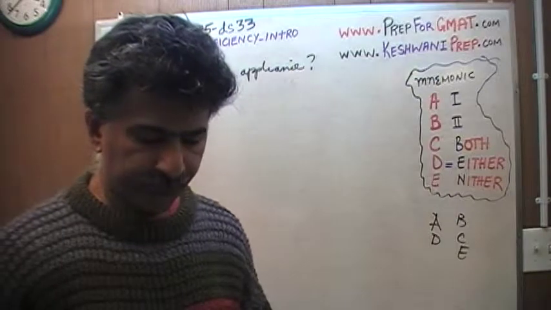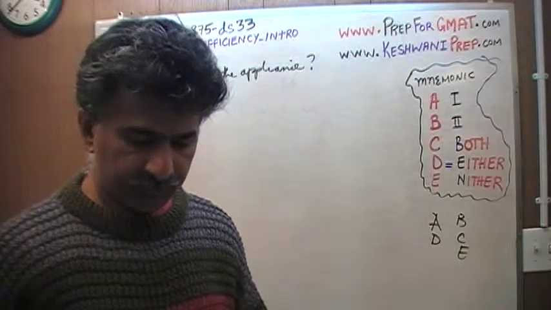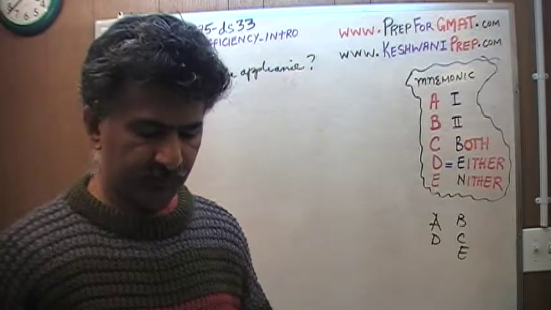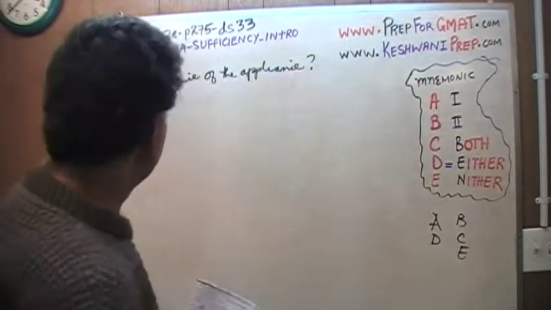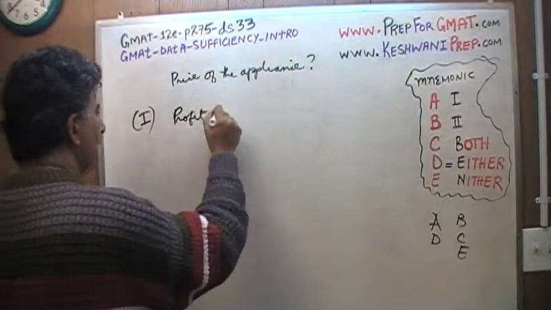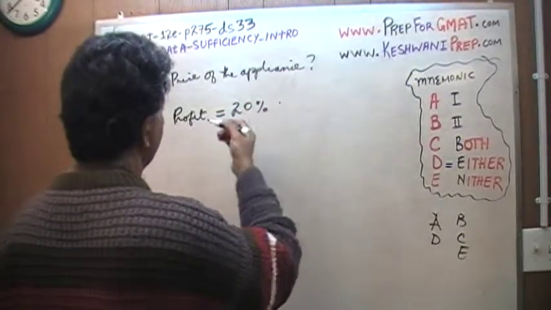Let's carry on. The merchant's gross profit on the appliance was 20% of the price at which the merchant sold the appliance. So the first statement tells us that his profit was 20%.